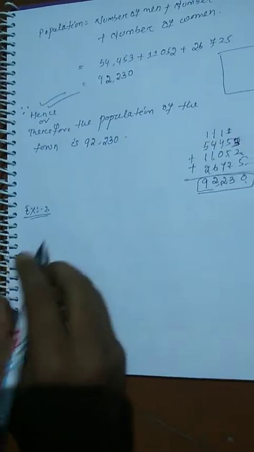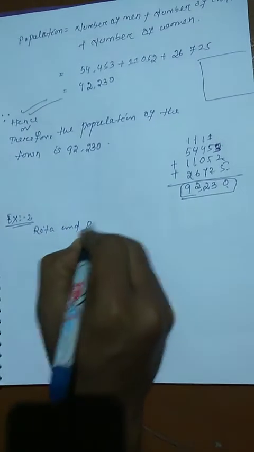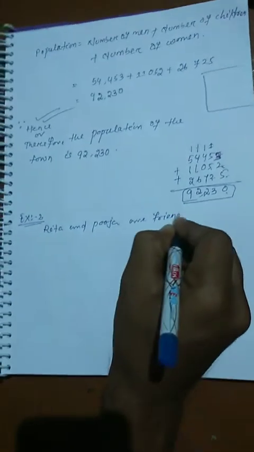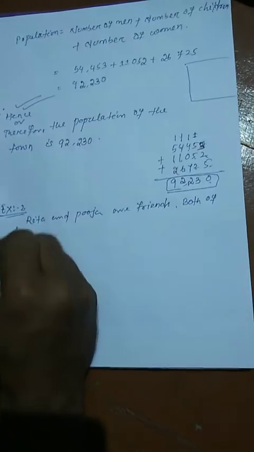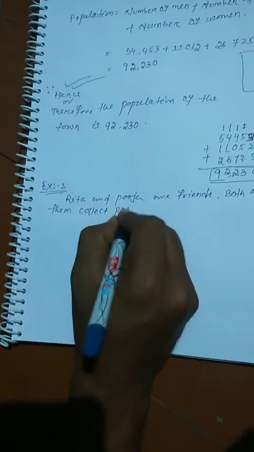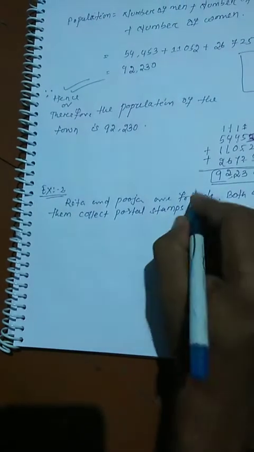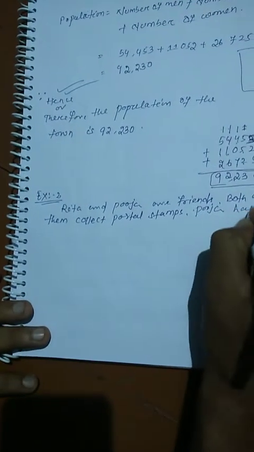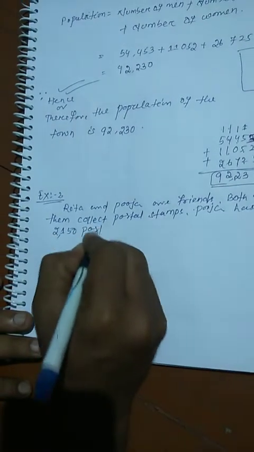Here is another example. One question is given: Rita and Pooja are friends. Both of them collect postal stamps. Pooja has 2,150 postal stamps.